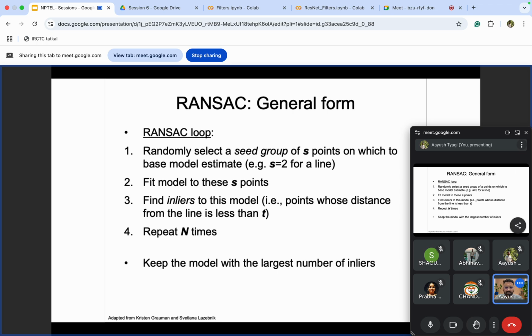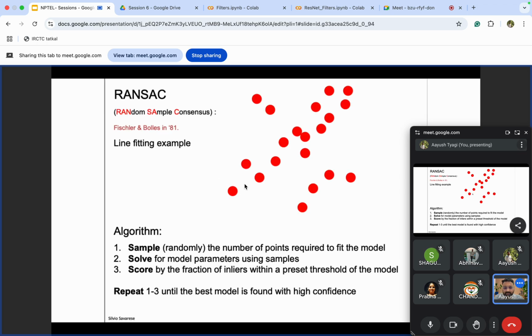So let us see what is happening here. The algorithm basically has 3 steps. The first one is sample. You sample 2 points. Let's say I'm just sampling these 2 points. The second is you draw a line between these 2 points. And then you have a scoring function, which tells which are my inliers and which are my outliers.